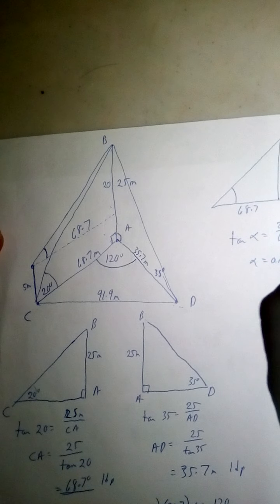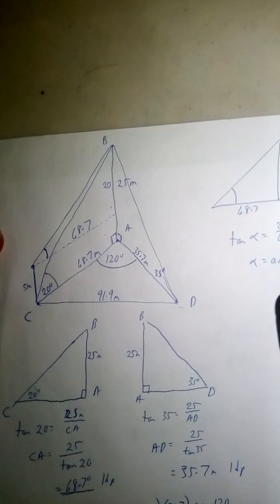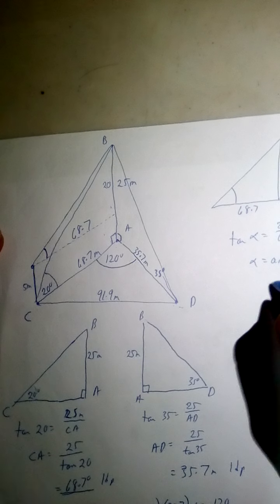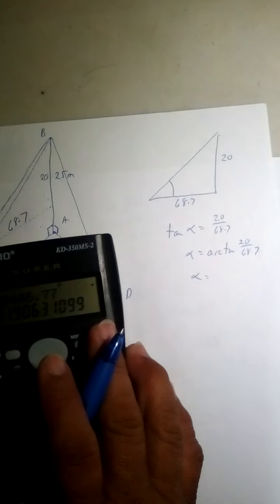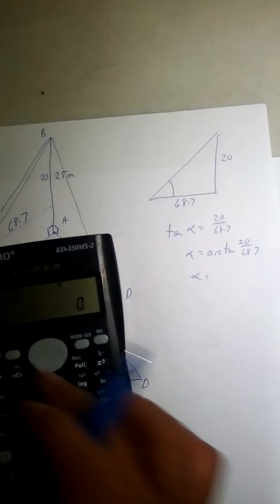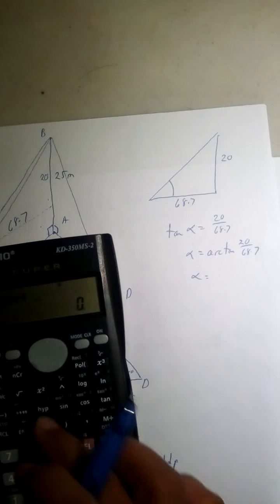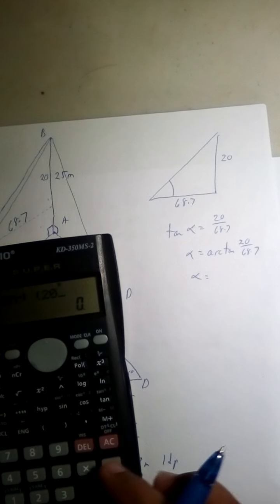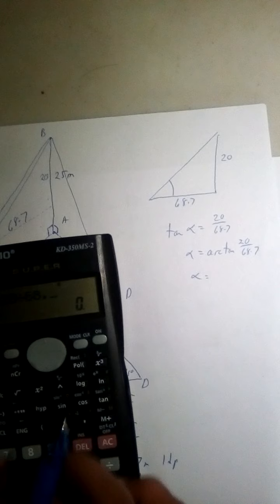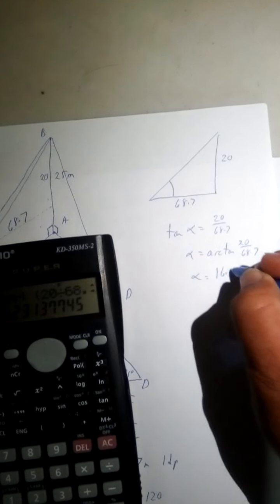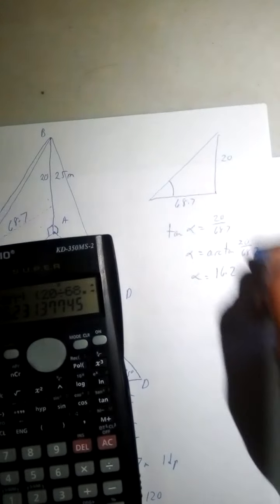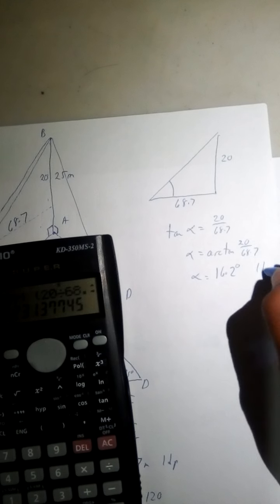The angle equals arc tan of 20 over 68.7. Take a calculator, inverse tan, open bracket, 20 divided by 68.7. That gives us 16.2 degrees, 1 dp.